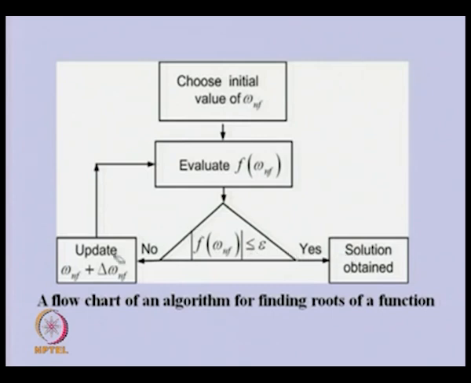If not, we need to take another step of the natural frequency and again evaluate this frequency equation. This cycle will repeat till we get the desired accuracy of the natural frequency, and that will be the solution. Once we get one solution, we can search for more depending upon the degrees of freedom of the system.